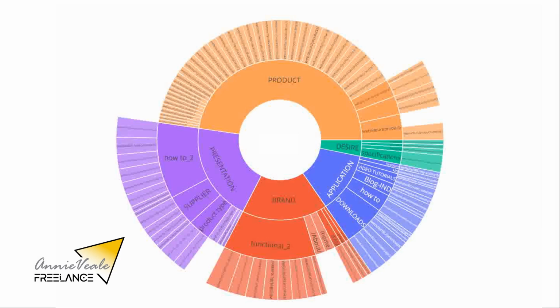And that type of structure, you may want to add additional categories or remove them, but essentially those 5 should work for most sites. Desire is often one that is overlooked for surprisingly a lot of content. Brand, vitally important.